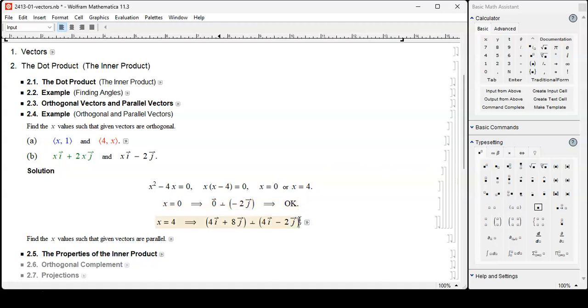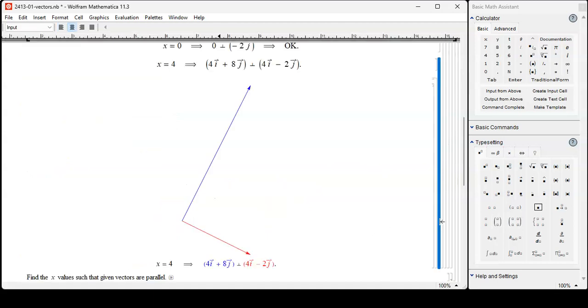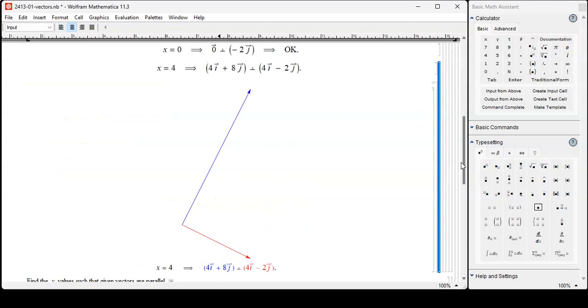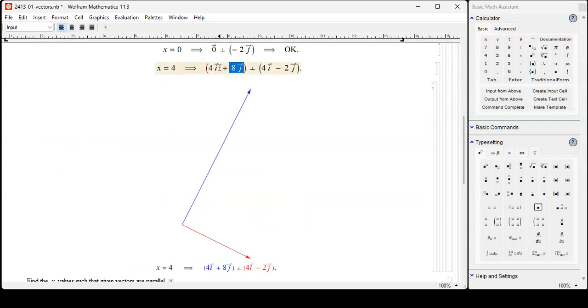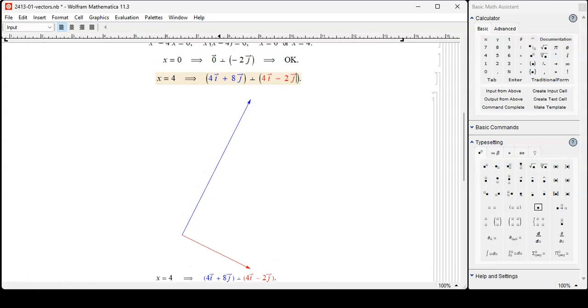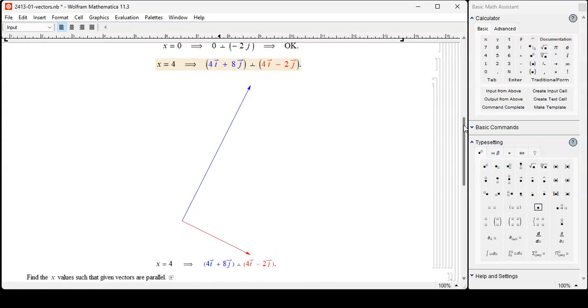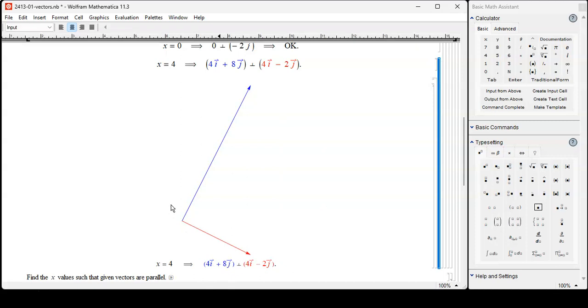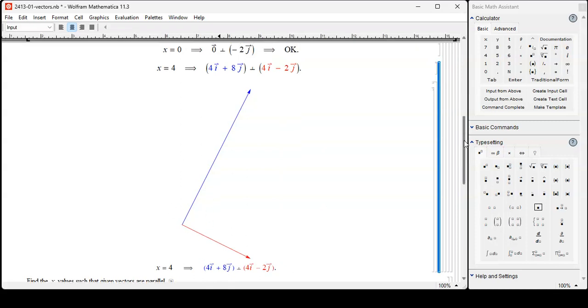If you plug in x equals 4, then we have a non-trivial case. Yes, you can see it. So 4, 8, that's the blue vector here. And then 4, negative 2, that's the red vector here. They're already highlighted here. So blue and red, they're perpendicular to each other, as you can see here in this visualization.